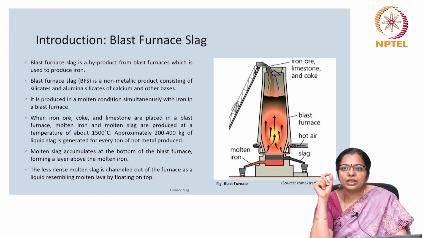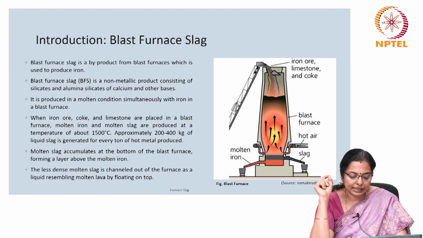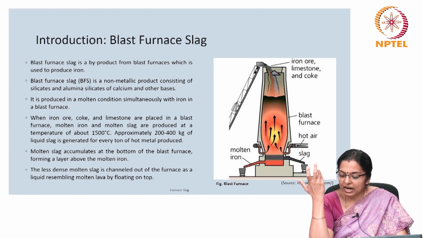So, the utilization of blast furnace slag in the iron production process highlights its significance as a byproduct with distinctive properties. Because this less dense molten slag is channeled out of the furnace as a liquid, and it resembles more like a lava because it is so hot, by floating on top.